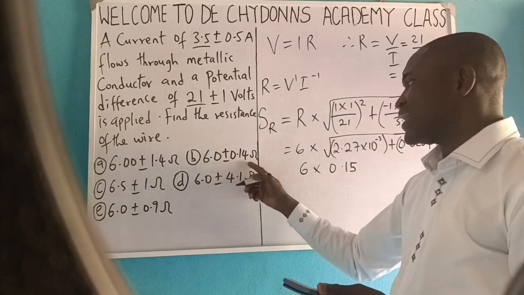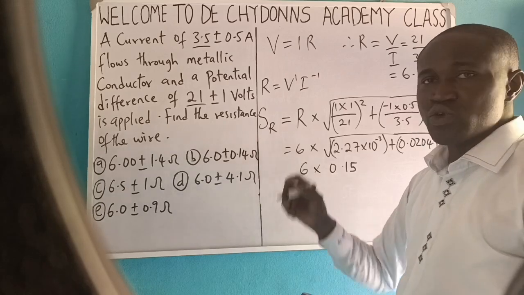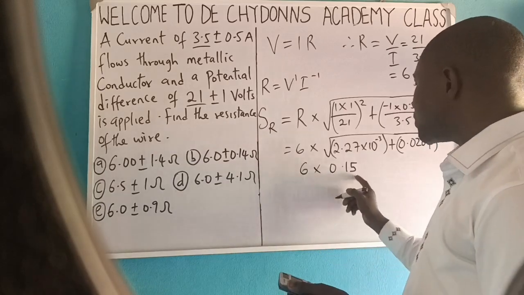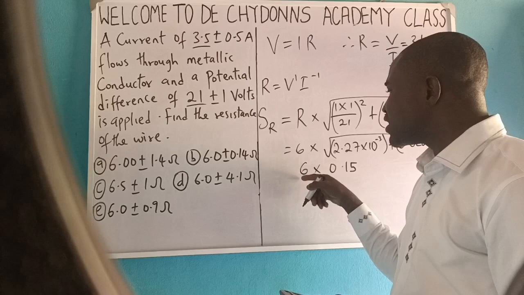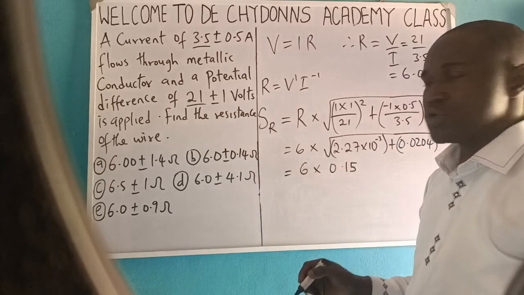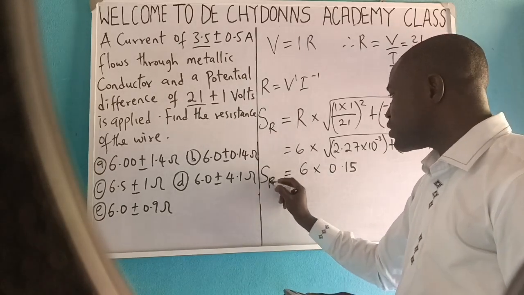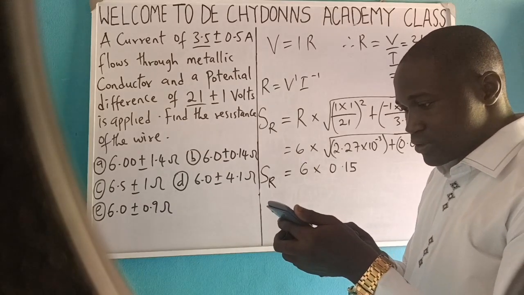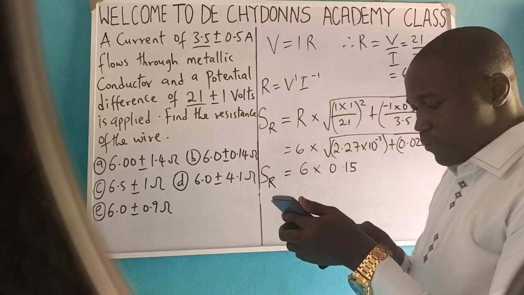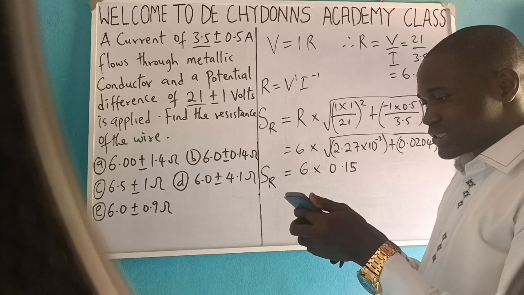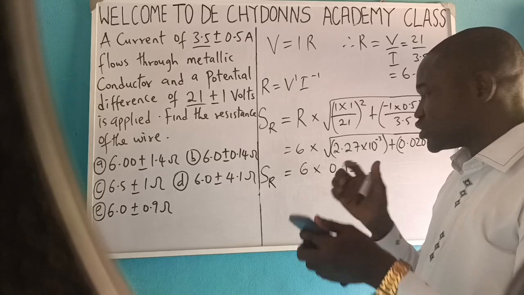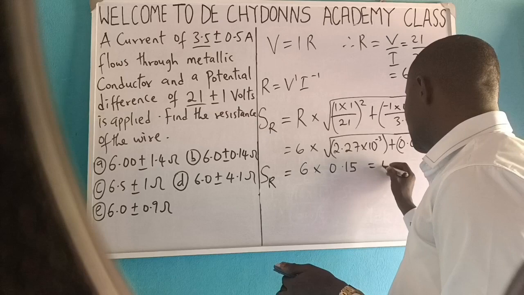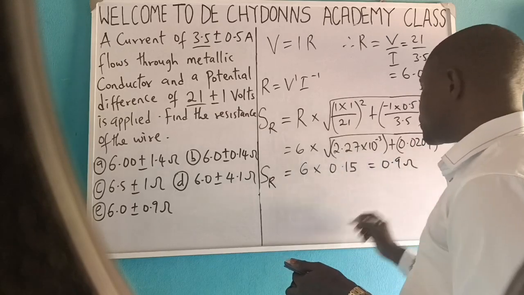Someone may go and take this, but that is wrong. You must multiply it with the what? The resistance itself to get the full error in resistance. So we will be saying 0.15 times 6. That will be giving you 0.9 ohms.